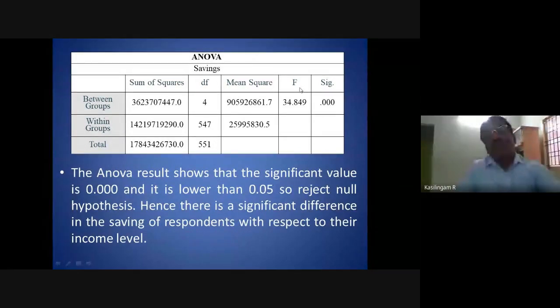So now, how is the sum of squares calculated? How is the sum of square calculated when it is between groups? Okay, you may not understand this, but some people will be interested to know. That is why I am telling. Now, that formula also I have written.